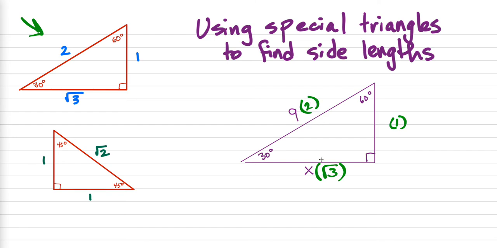I'm going to use these green numbers, the ratios, to figure out X. What you're going to do is set up a ratio. The number I know over the number I don't is equal to, what number am I going to put on the top? 2, because the ratio number is right next to the 9, and then I'm going to write the ratio number that's next to the X.